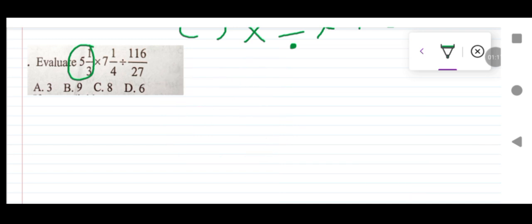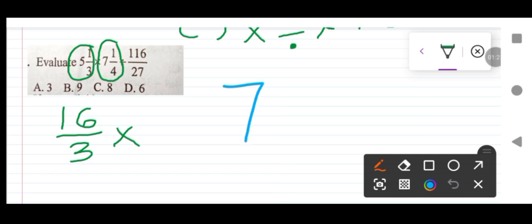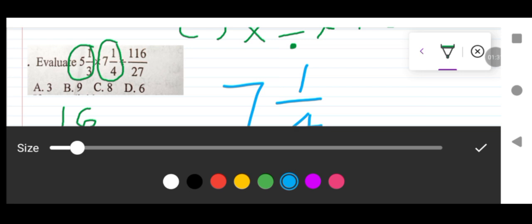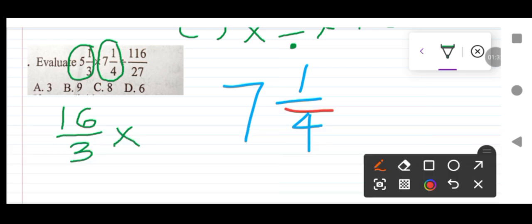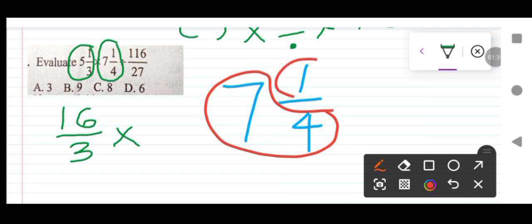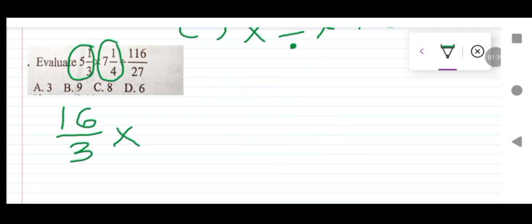So we have 16 over 3 multiplied by the second value, 7 whole number 1 over 4. It is just the same process: 7 times 4 is 28, plus this 1 is 29 over the denominator 4. So 29 over 4.